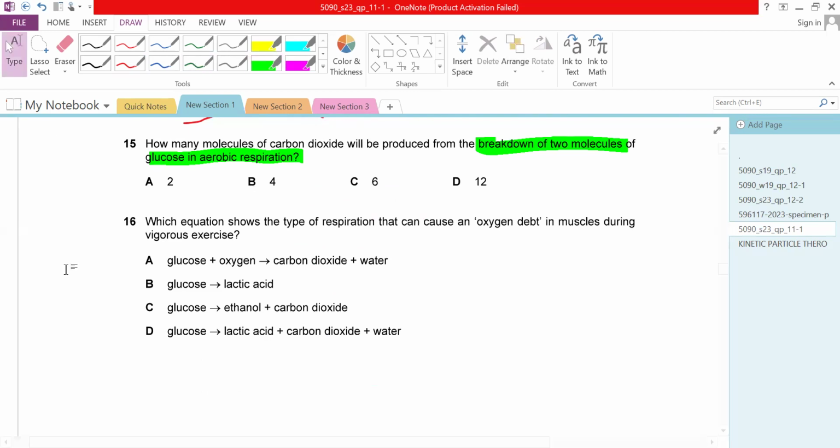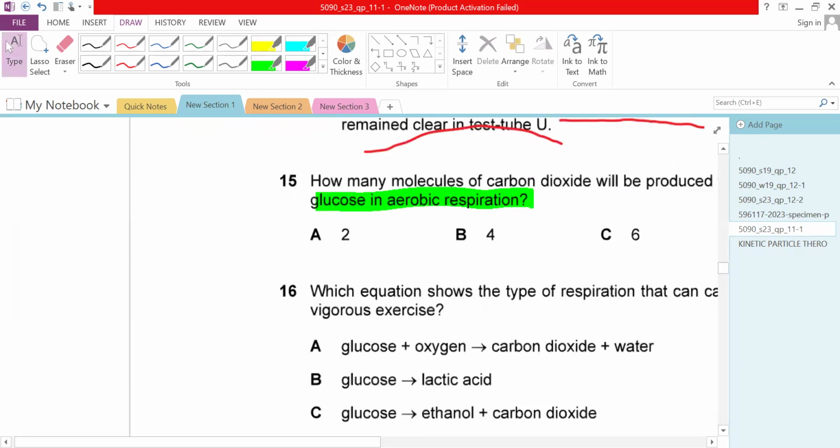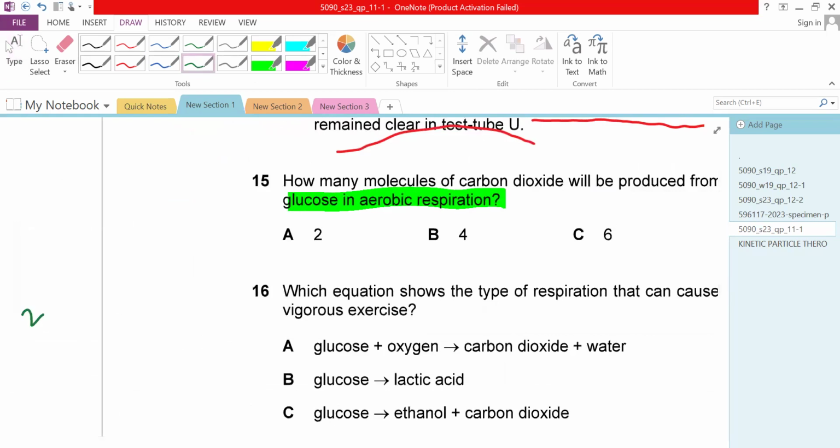So let's write the equation here. 2C6H12O6 plus oxygen would give carbon dioxide plus water.